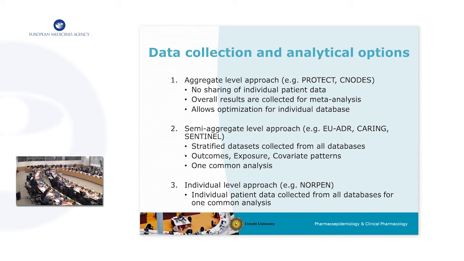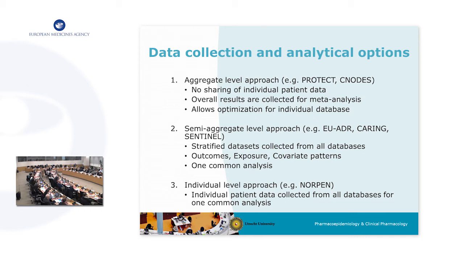I would like to spend a few moments on the data analytical options that we have when using multiple databases in a distributed data network. So the initial approach, where all data is at a local level, so we can only share the fully aggregated results.